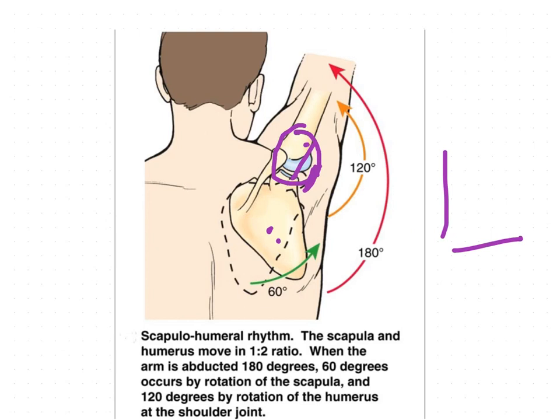Only the humerus is moving, the scapula is in resting position. And as the range of motion increases, the movement of the humerus stresses the scapula for further contribution. Then at this stage the scapula increases its contribution.